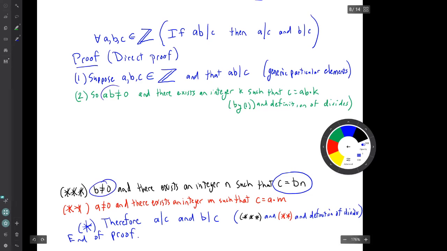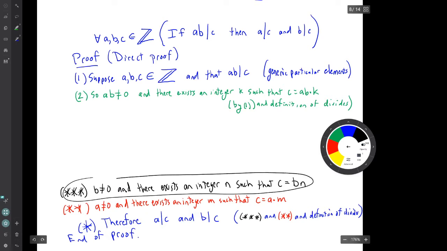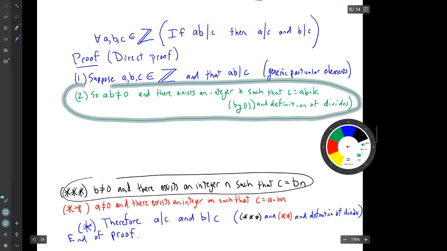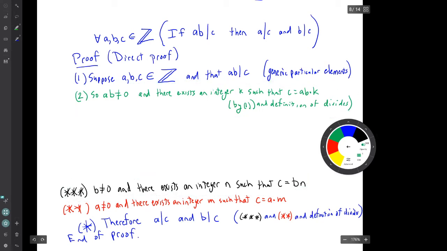Hey, look back. We know that AB is not 0. So we can get what we need for this black statement here just by looking back at this green statement and making some observations. One thing that's going to be helpful to have observed is that neither A nor B is 0, because we know that the product is not 0. We'll use the zero product property to say that.